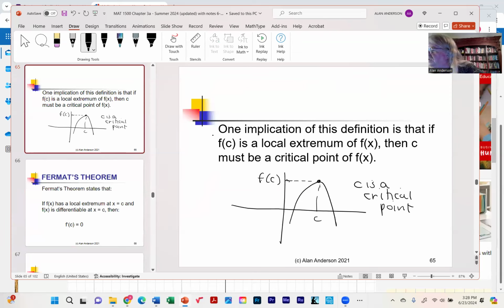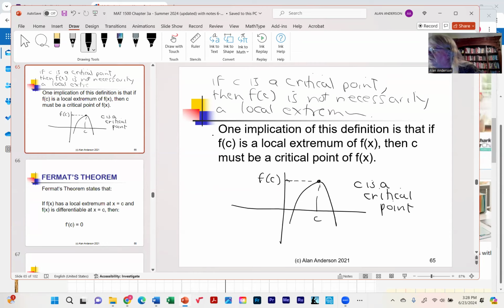In other words, if c is a critical point, then f of c is not necessarily a local extremum. You're probably wondering, how is that possible? Well, it has to do with the ones that are undefined. We'll discuss this in more detail in a bit.